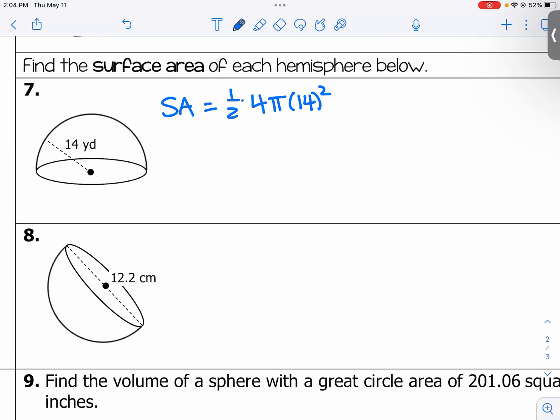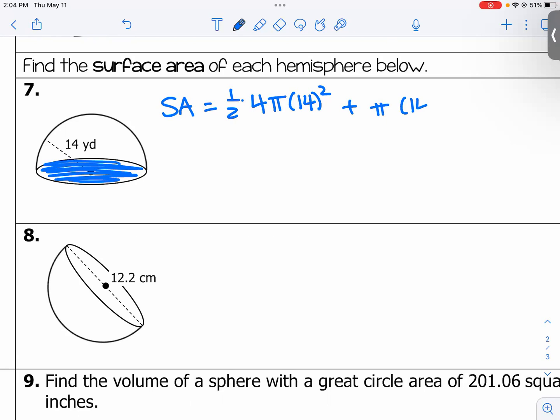However, is that the only thing? Like if I were to paint this, am I only painting the round part? I think the flat part would be on the bottom. And what is the flat part? It's a circle.